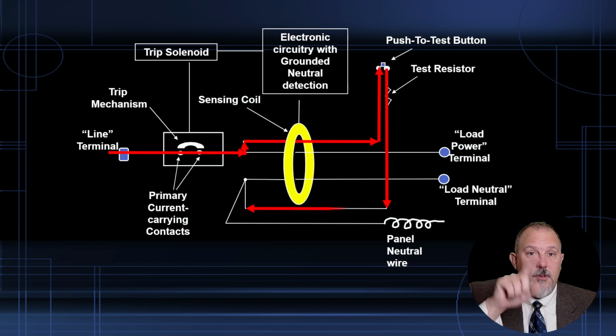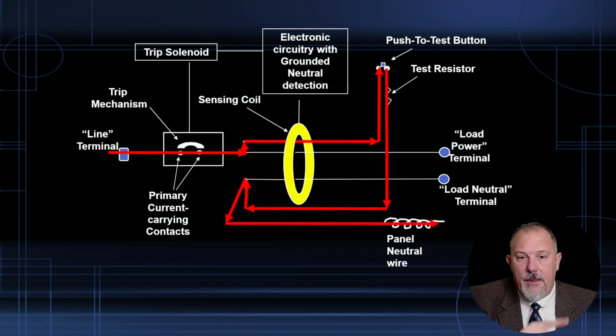It goes through the donut, through the button, down around the CT, and then back out to that neutral. So what have I done? I've injected a current through the sensor, and I put a test resistor in there because I know what the voltage will be at these receptacles. I know I have to exceed 4 to 6 milliamps.